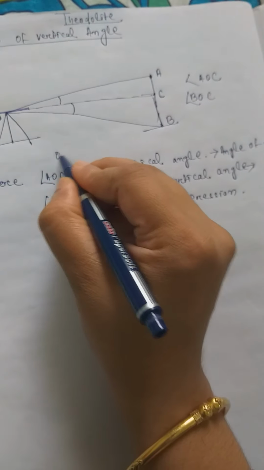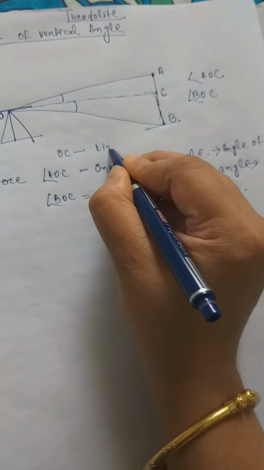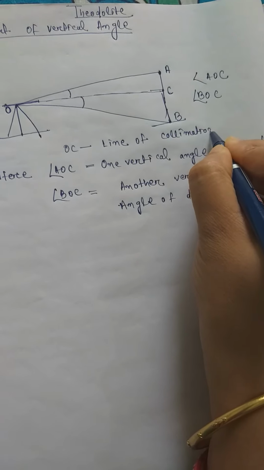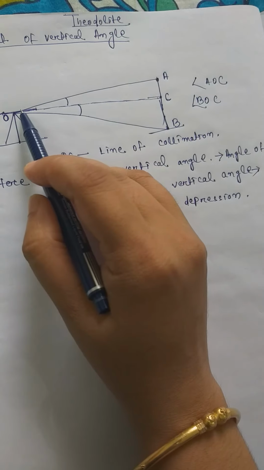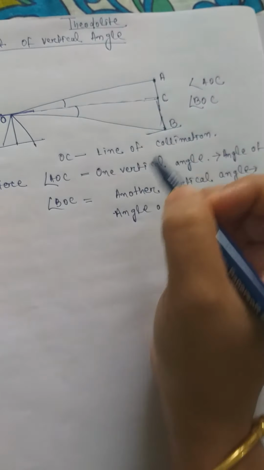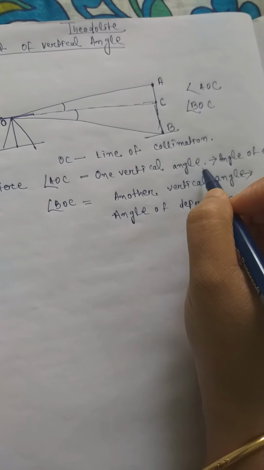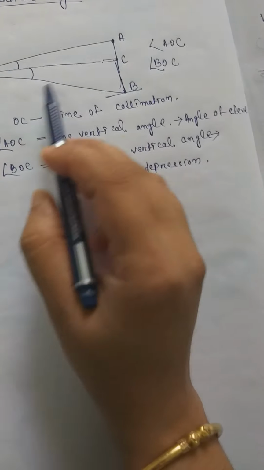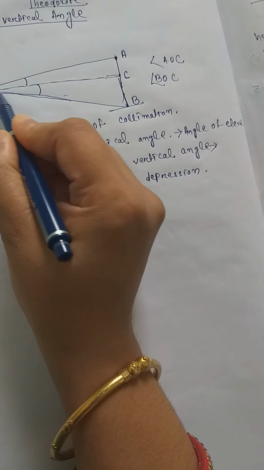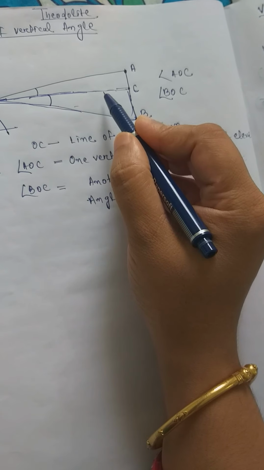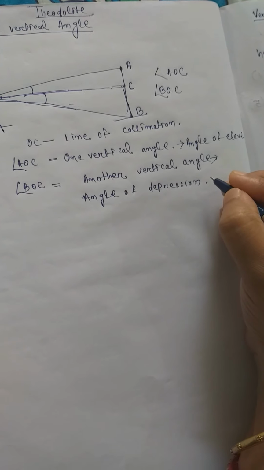OC is our line of collimation. The AOC angle lies above the line of collimation, so it is called a vertical angle, and it is also called the angle of elevation. The BOC angle lies below the OC line, so it is called the angle of depression.